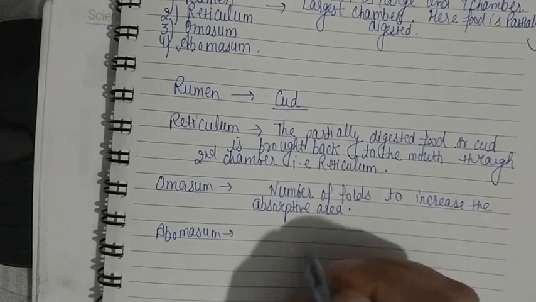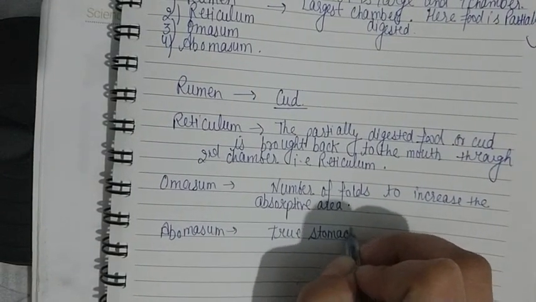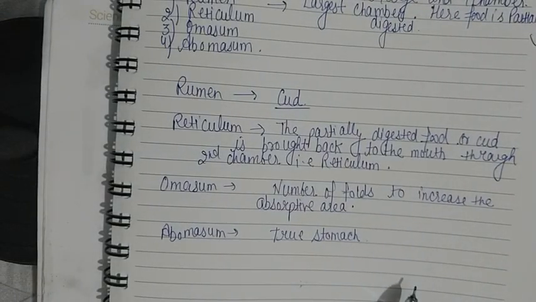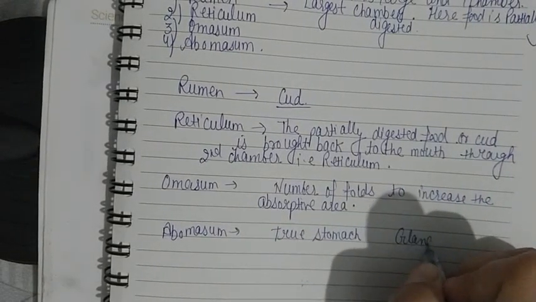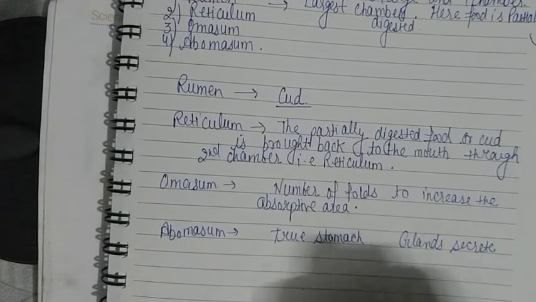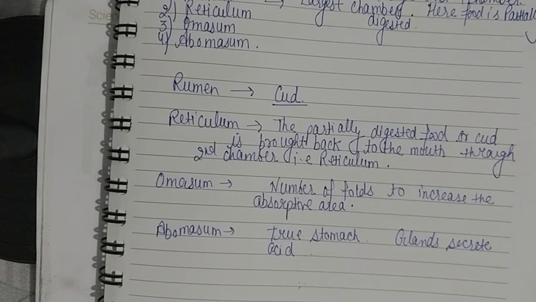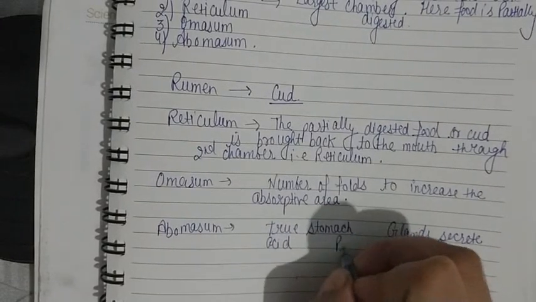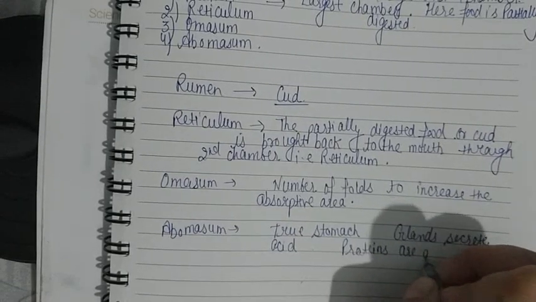This chamber is considered the true stomach, as the glands in abomasum secrete acid. This acid kills bacteria and denatures, that is destroys the structure of, proteins. The proteins are digested by the enzymes secreted in this chamber.